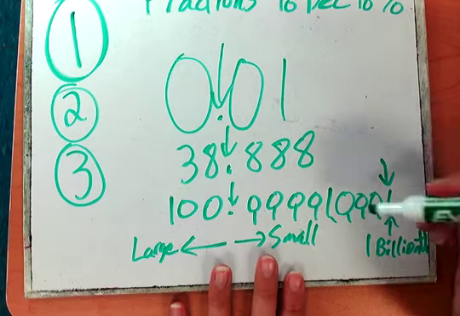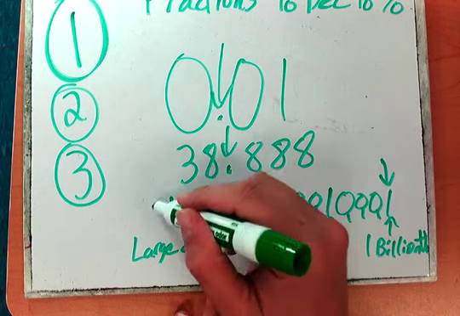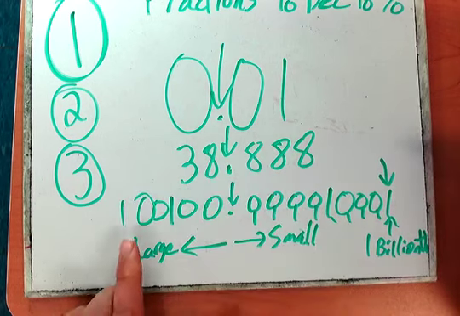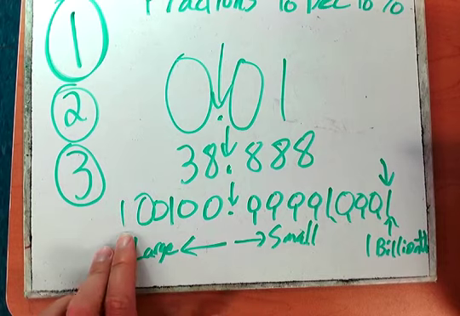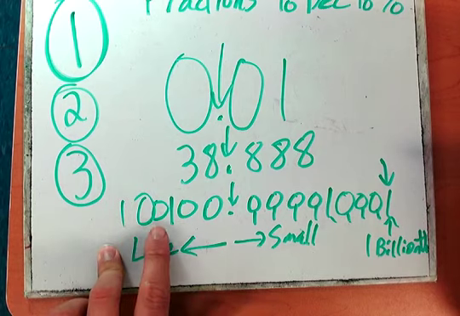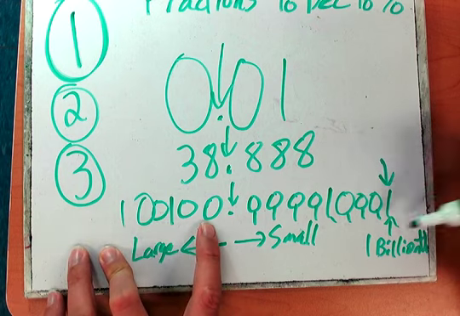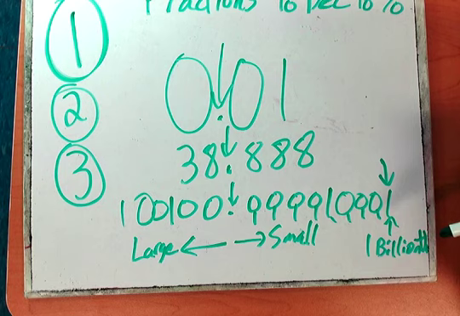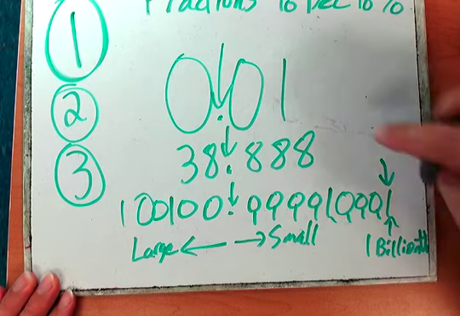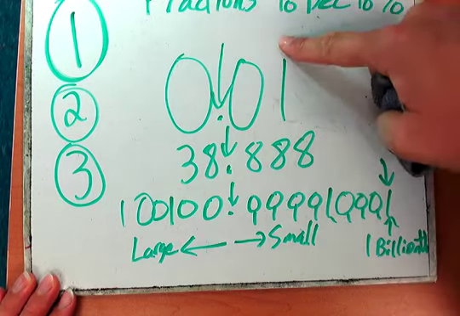So things get smaller as you move this side, things get bigger as you move to this side. Obviously the same, if I gave you that much money, you'd have 100,100 with some tiny billionth of a cent that didn't really matter. So that's what a decimal is. A decimal shows the numbers that are bigger than 1 and the numbers that are smaller than 1.